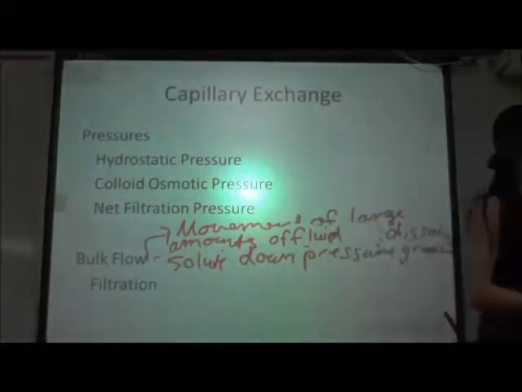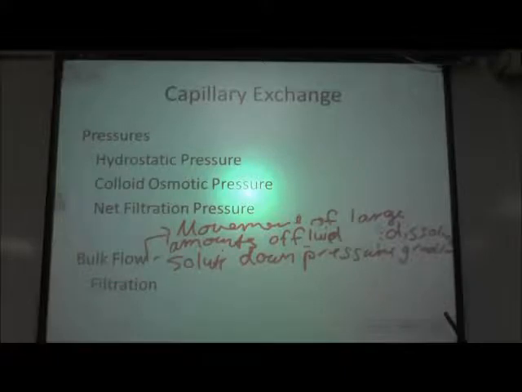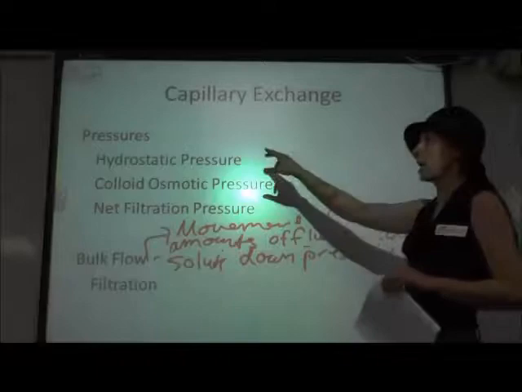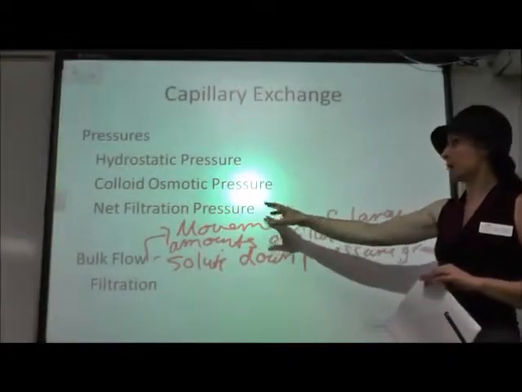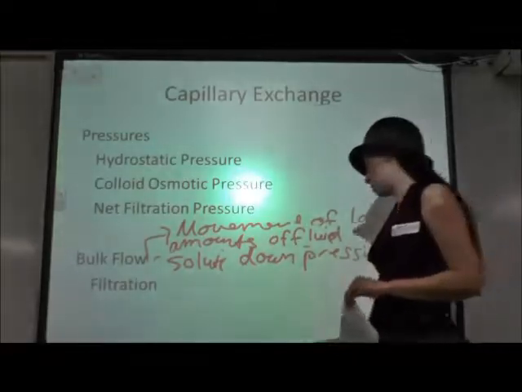Filtration is the type of bulk flow that typically happens at the arterial end of a capillary bed. And it's due to the hydrostatic pressure on blood. So you have much higher hydrostatic pressure on the arterial side than you do colloid osmotic pressure. So you have net filtration pressure to move out.